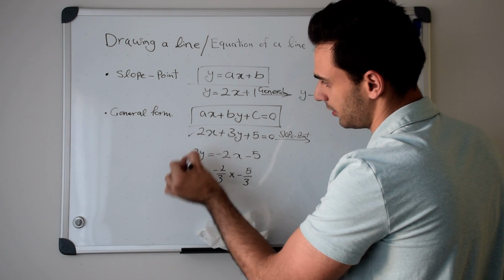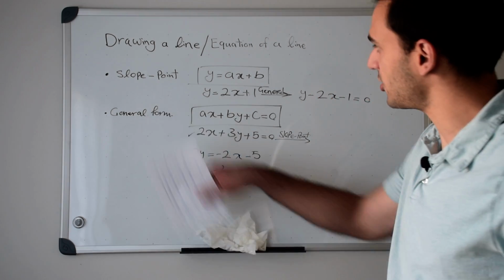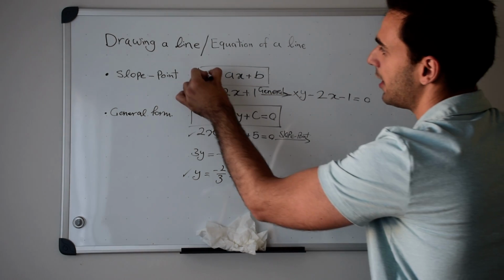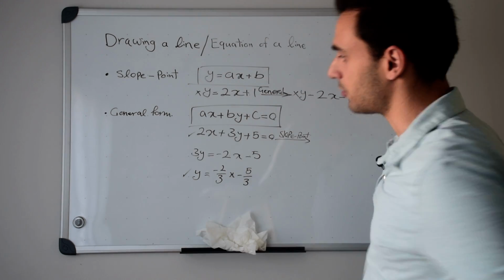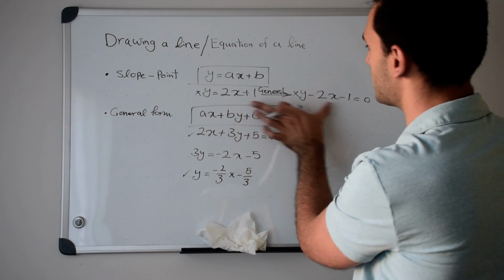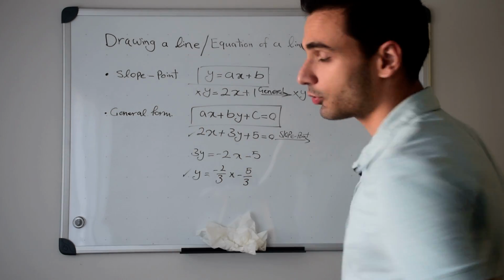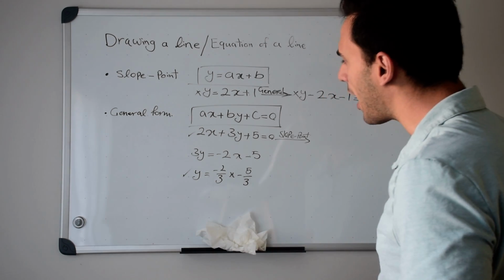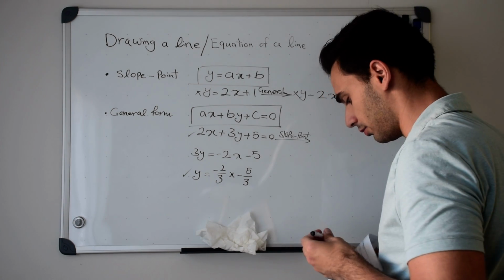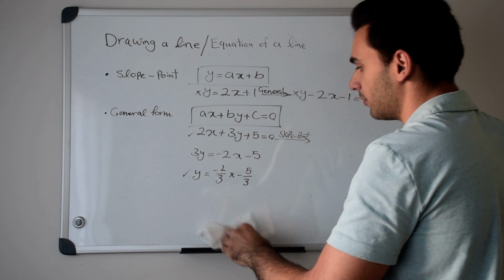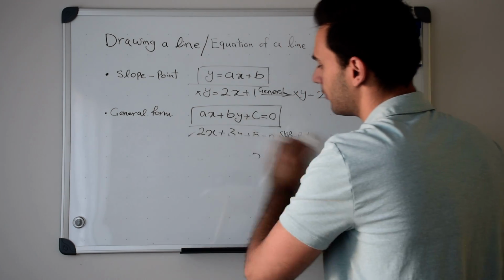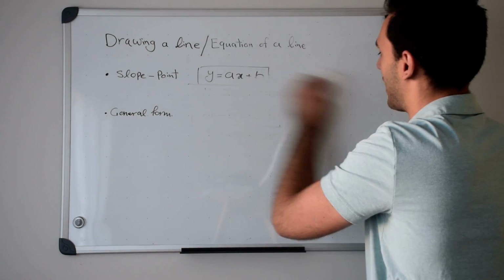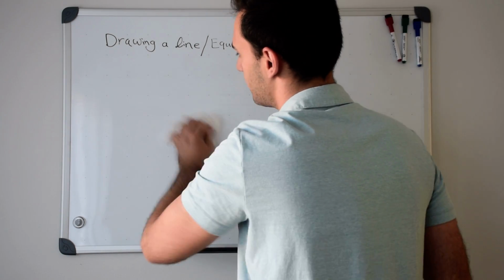So this one and this one are the same, and this one and this one are also the same. These two represent the same line. These two also represent the same line. But how are we gonna draw a line, right? The question might ask us, how are we gonna draw a line when we have an equation? It's very easy.